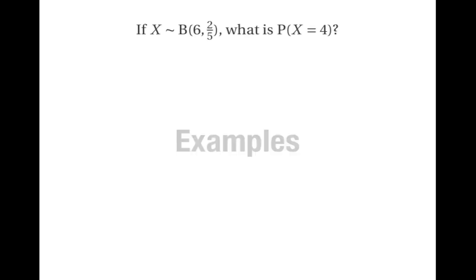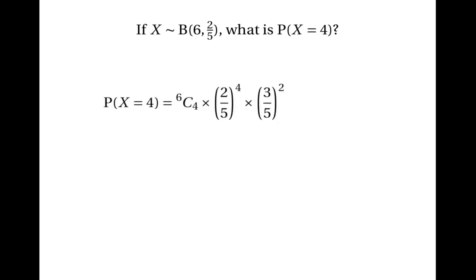Let's look at some examples. First of all, suppose we have a random variable which is equal to the number of successes in a sequence of 6 trials where the probability of success is 2/5. What's the probability of 4 successes out of 6? Well, the probability of 4 successes will be 6 choose 4 times 2/5 to the power of 4 times 3/5 squared.